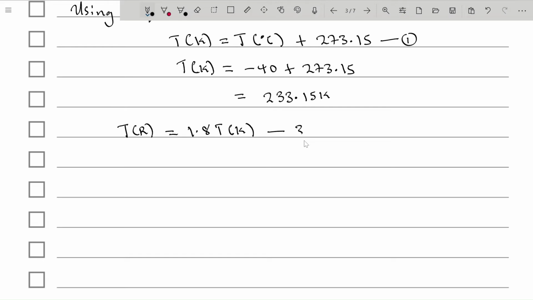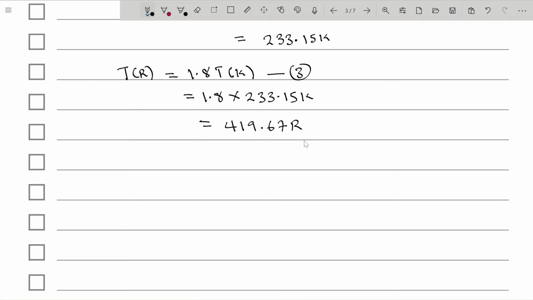Using 1.8 times the temperature in Kelvin, which is 233.15, therefore, the temperature in Rankine is 419.67 Rankine.